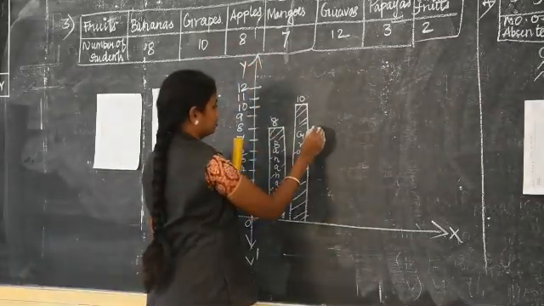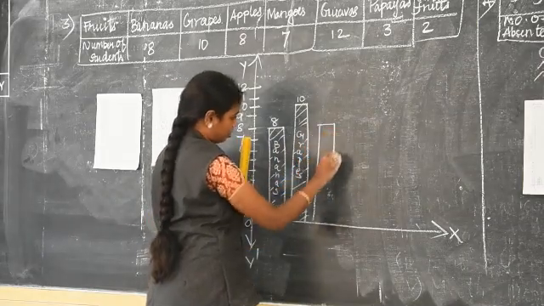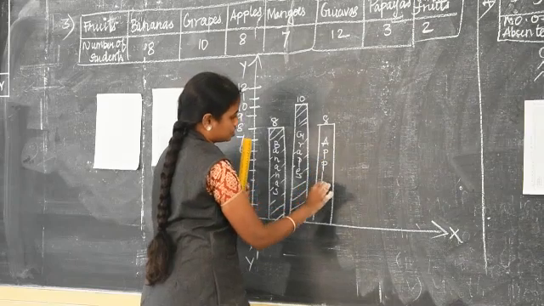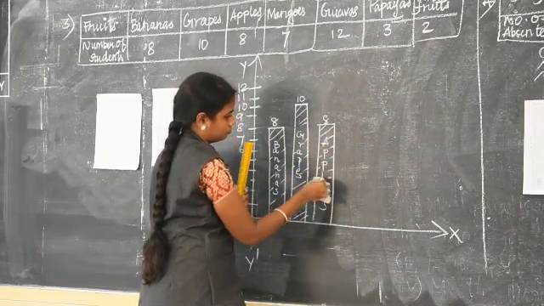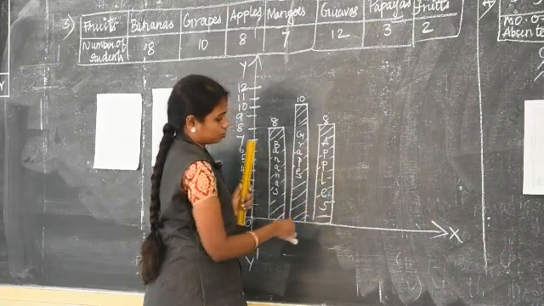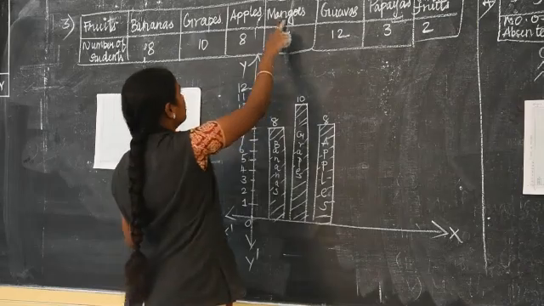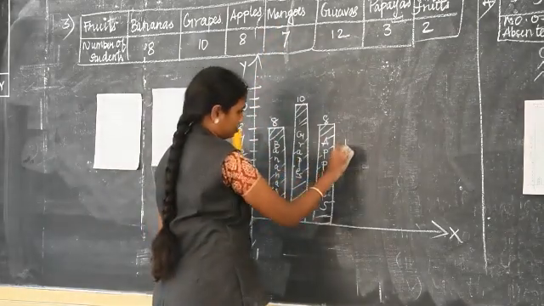Apples 8. These both are equal. Leave one box. 8 apples. Don't shade very dark, a little light is enough. Mango 7.